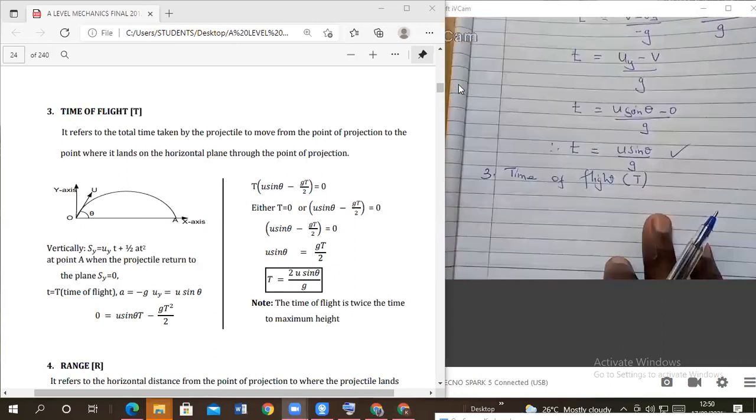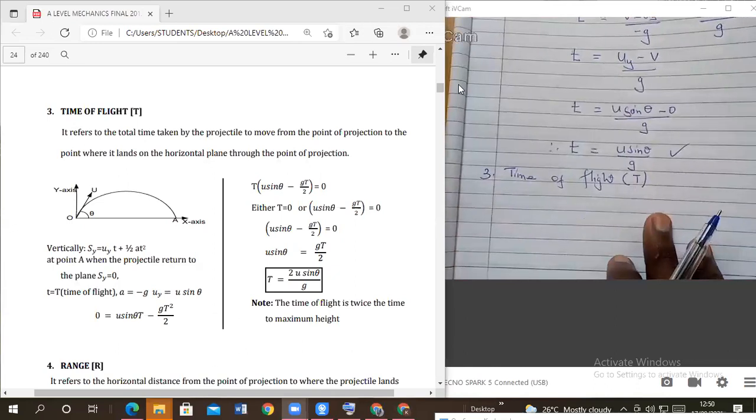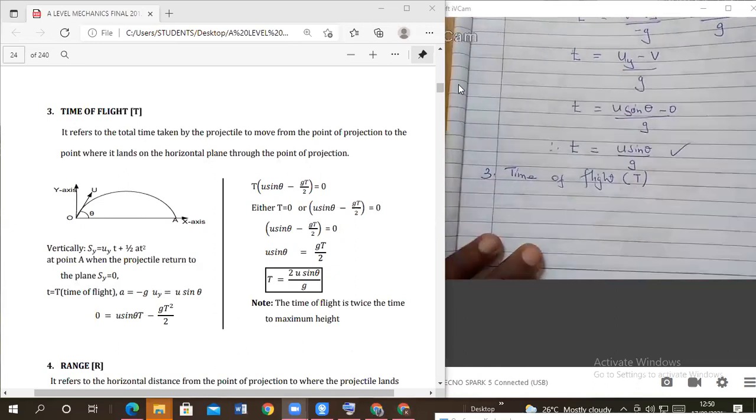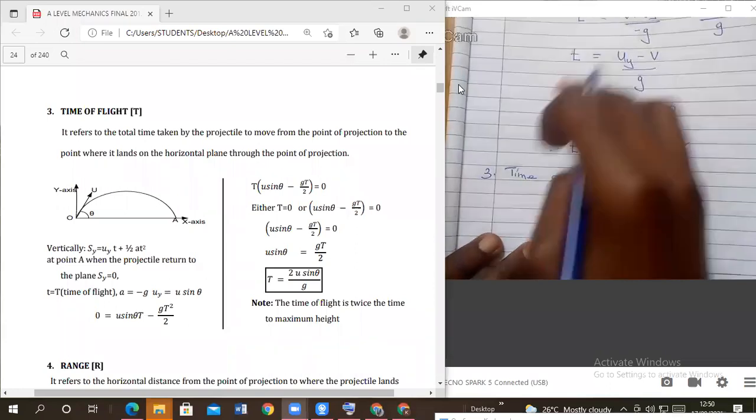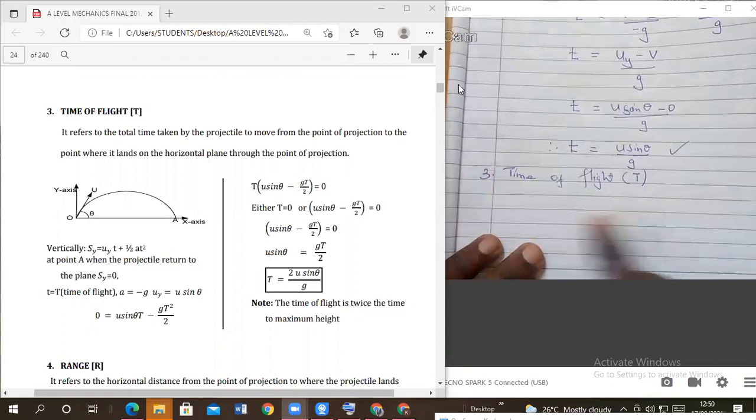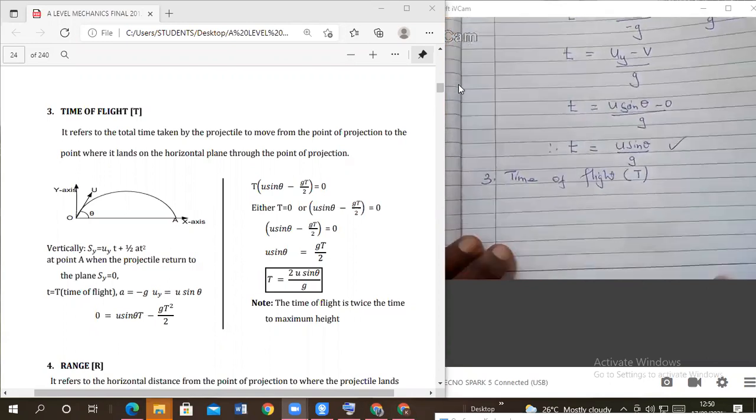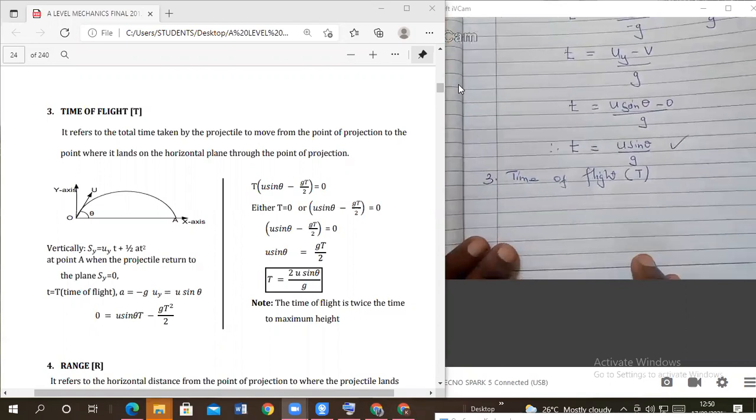let's derive it so that you can see. So which means this one is under horizontal motion, because it is said it must be a horizontal plane. But the body when it's moving is in a vertical plane. So which means we must use the equation for vertical motion.